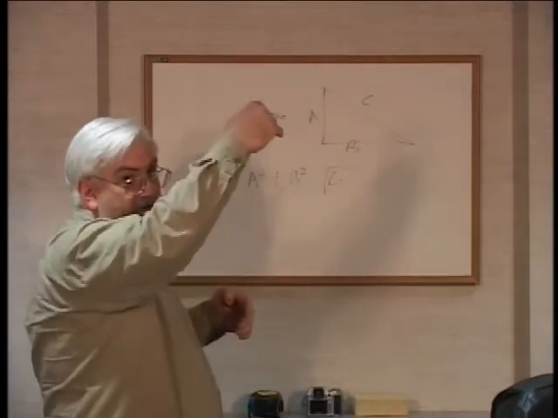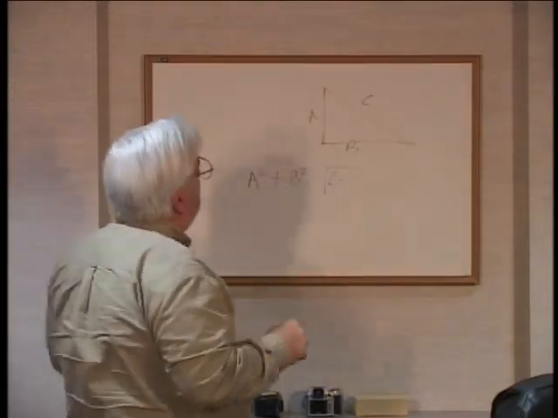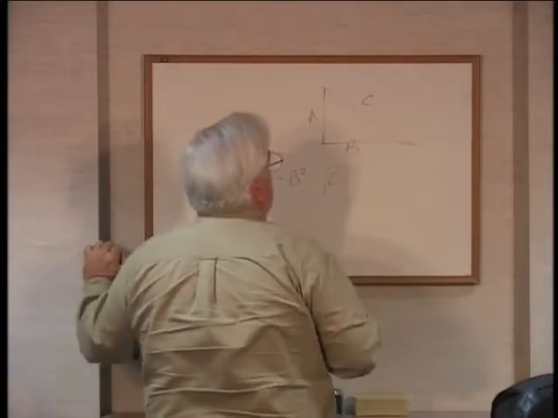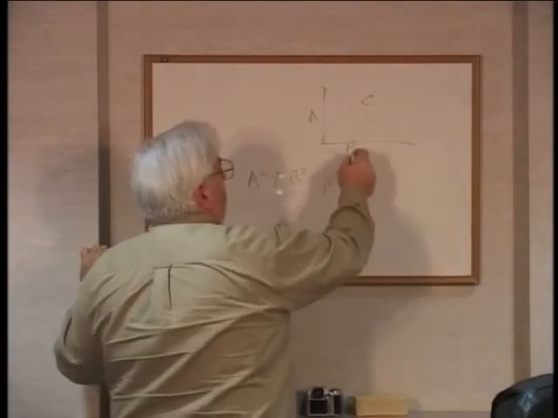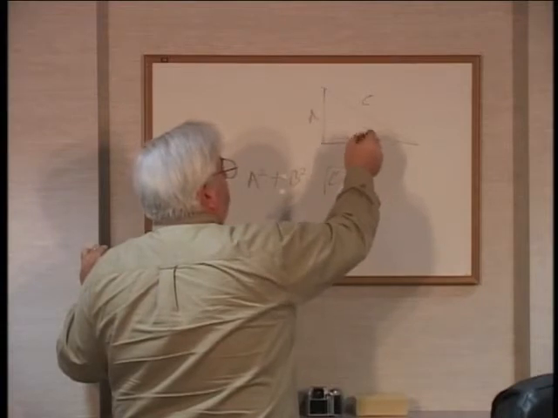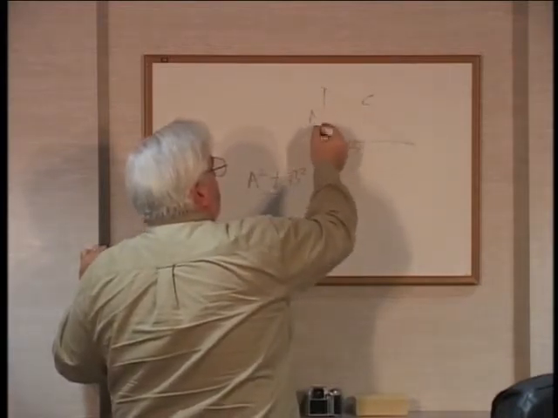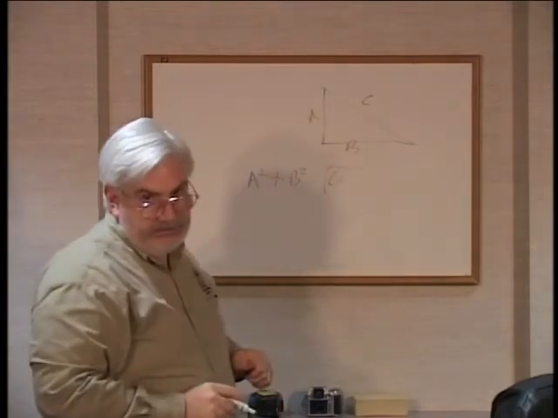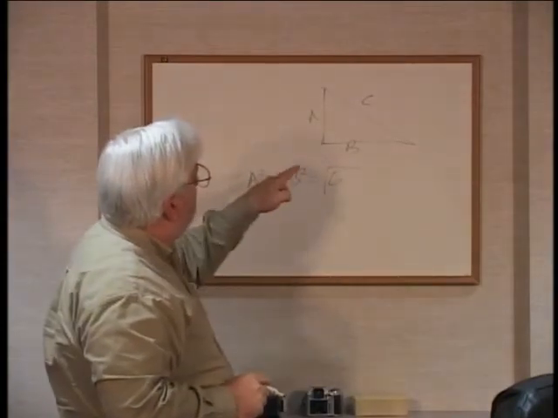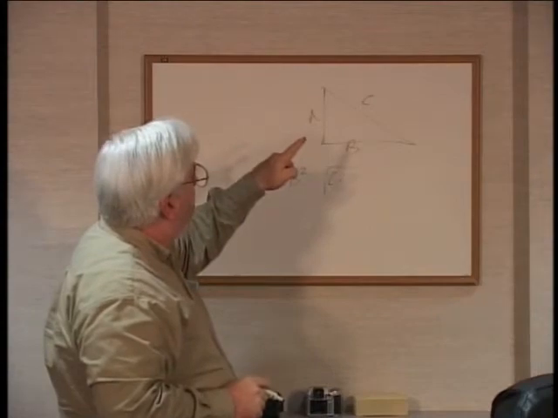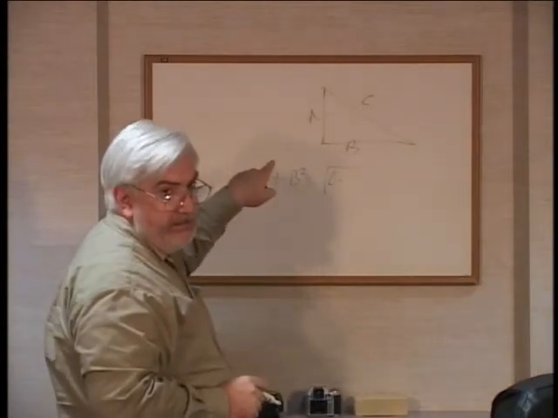Maybe I found it from counting, so I know what C is. And I know what B is. So what I do is I take B, minus it from C, and I get A. That's how the math works. B minus from C gives me A.